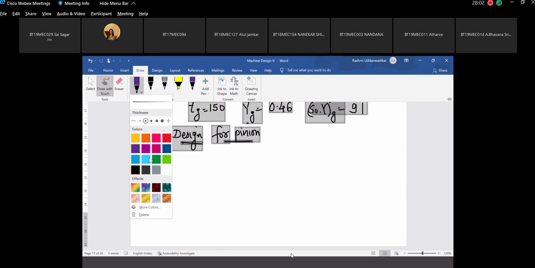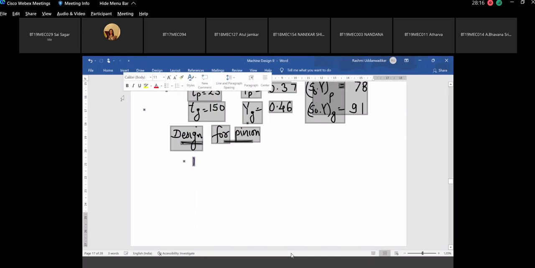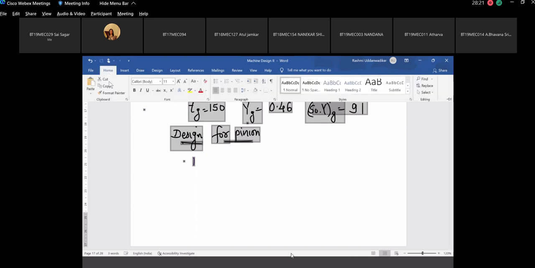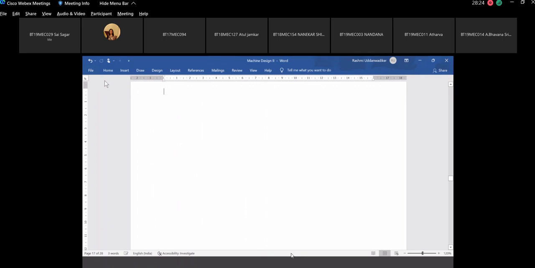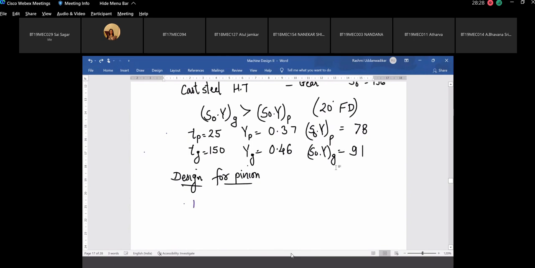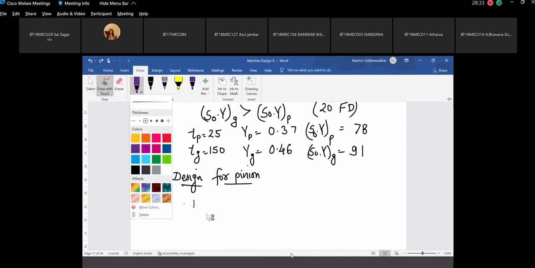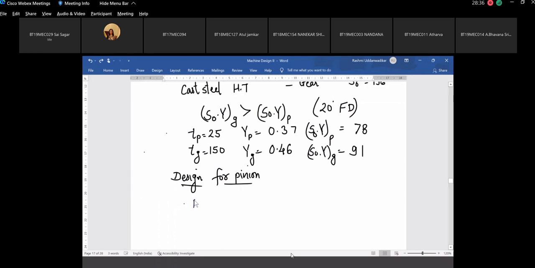Next, we have to start with getting F_B. What is the formula for F_B?